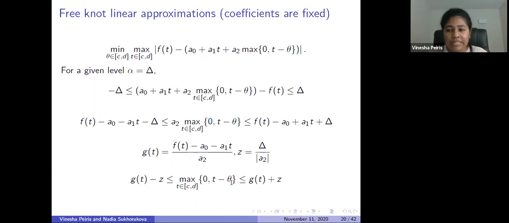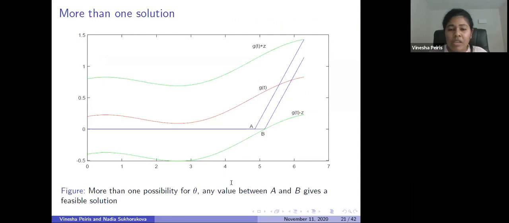The first piece is 0, and then it goes up with slope 1. For this case, we have more than one possibility for theta. Theta can be anywhere between A and B, and for any theta value between A and B, the problem will give us a feasible solution.